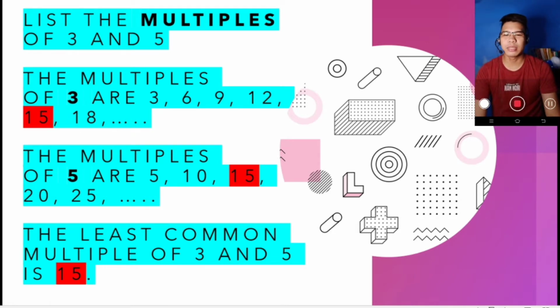In the multiples of 3 and 5, we can see the common multiple is 15, which is common to the two numbers, 3 and 5. Therefore, the least common multiple of 3 and 5 is 15.